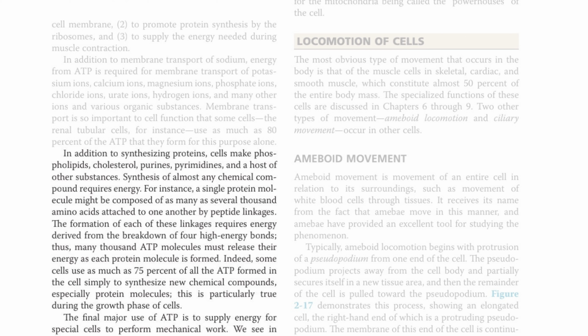The formation of each of these linkages requires energy derived from the breakdown of 4 high-energy bonds. Thus, many thousand ADP molecules must release their energy as each protein molecule is formed. Indeed, some cells use as much as 75% of all the ADP formed in the cell simply to synthesize new chemical compounds, especially protein molecules. This is particularly true during the growth phase of cells.